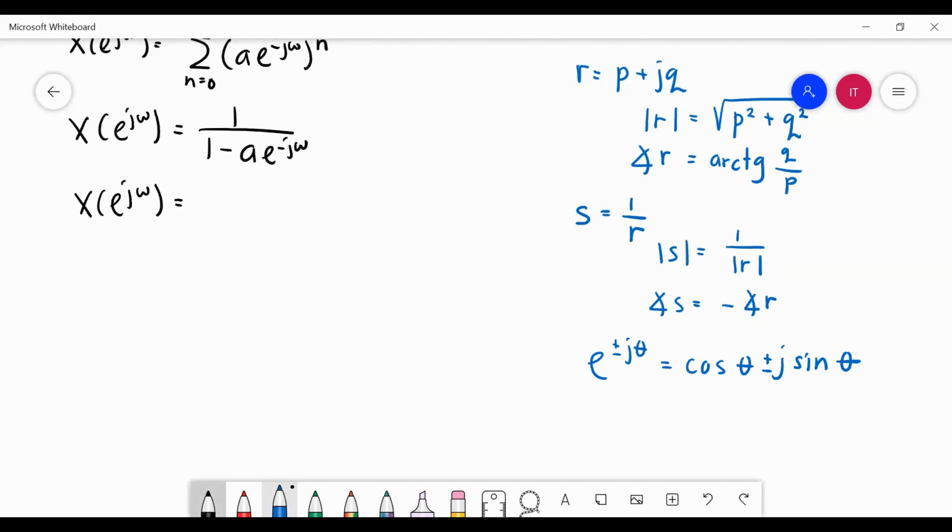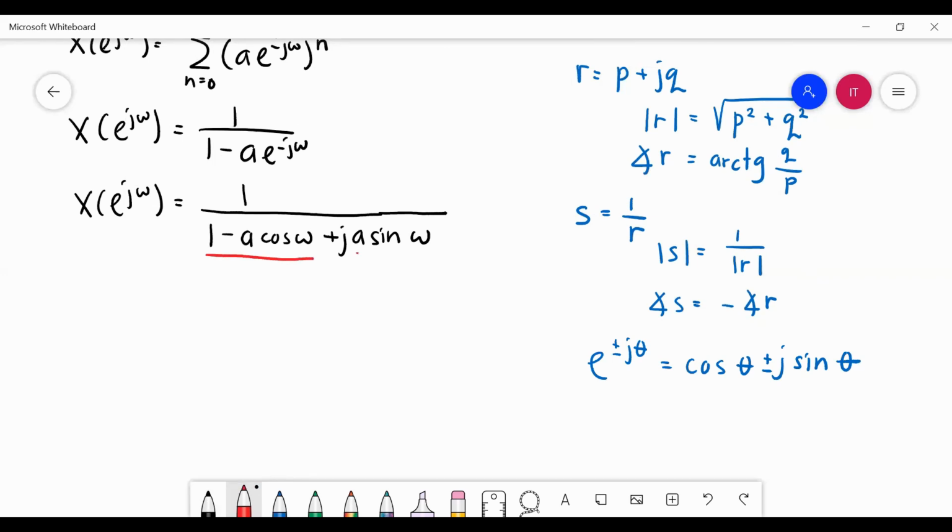So using that, we want to make this equation into a rectangular form. Minus and minus again, and j a sin omega. So here we have the real part and the imaginary part.